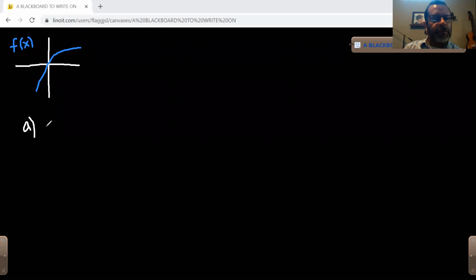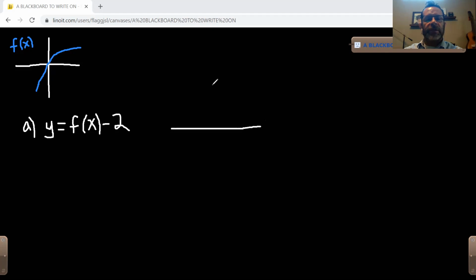For the first problem, we want to sketch the graph of y equals f of x minus 2, and we need to see how the new graph behaves.